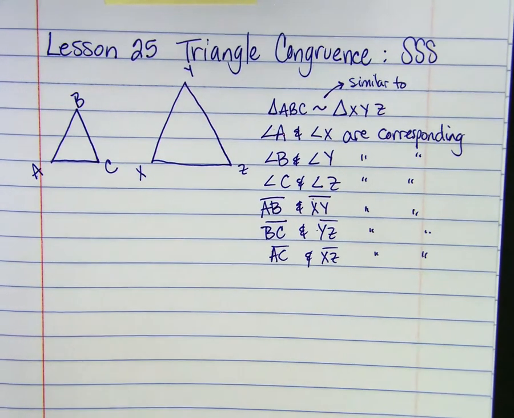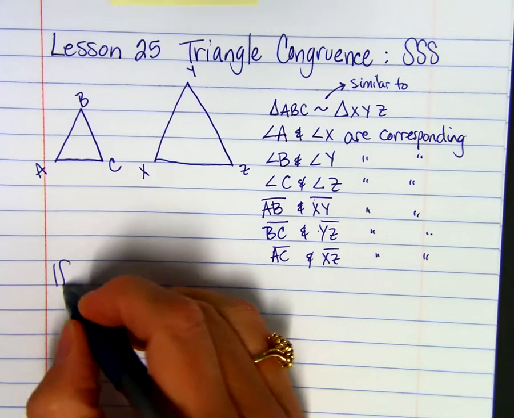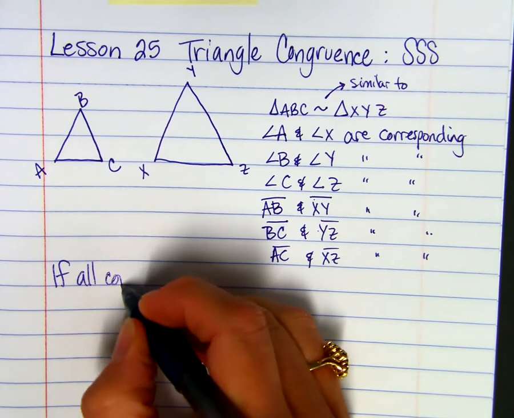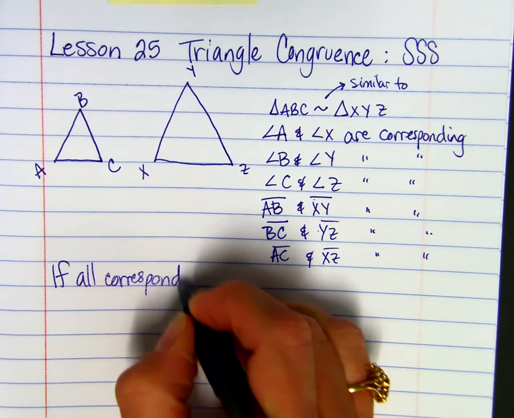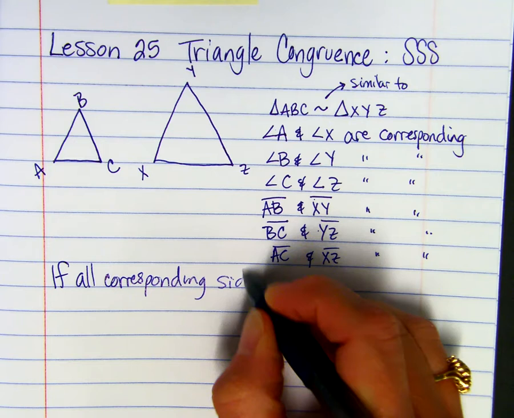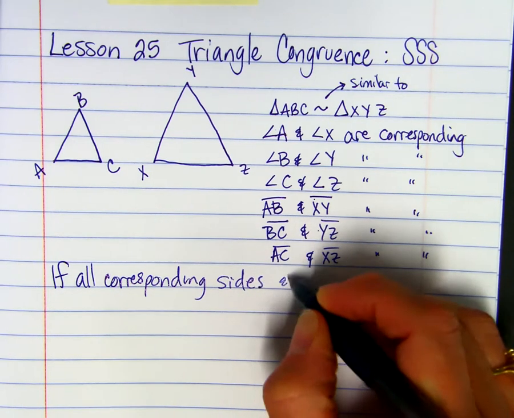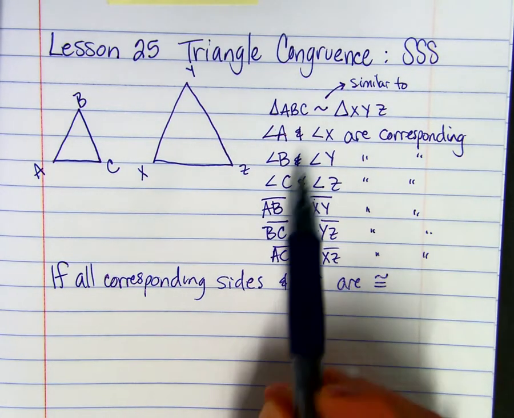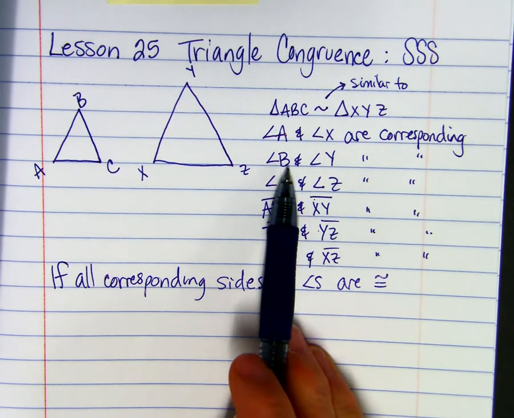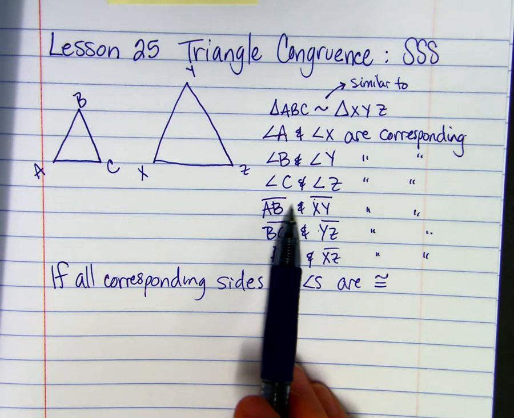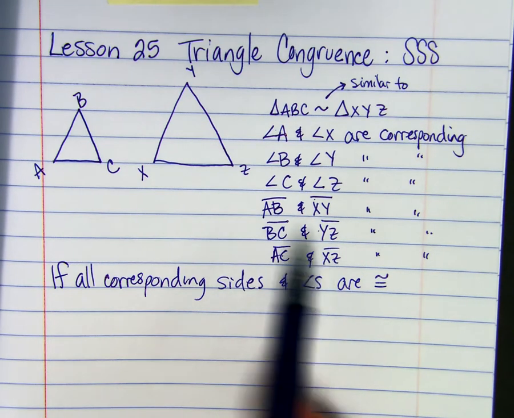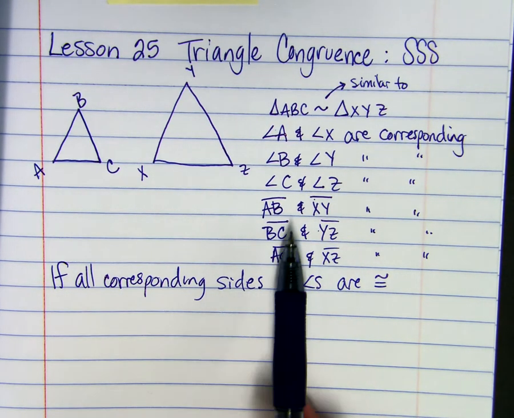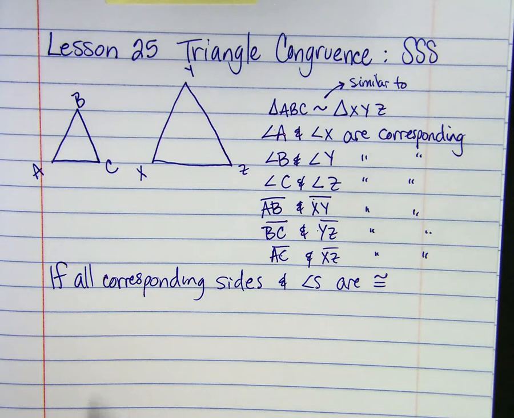Now, if all corresponding sides and angles are congruent, that just means that A is congruent to X, B is congruent to Y, C is congruent to Z. Not necessarily with each other, just the corresponding ones are congruent.